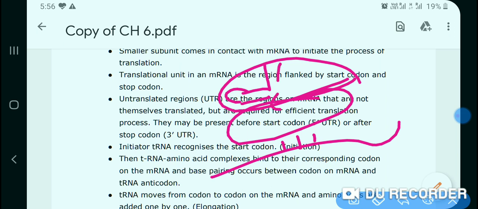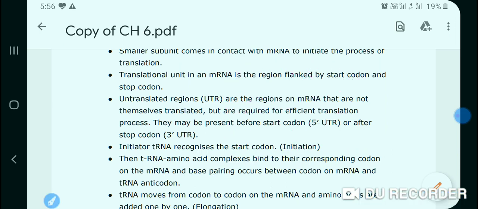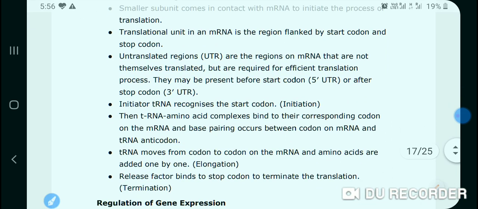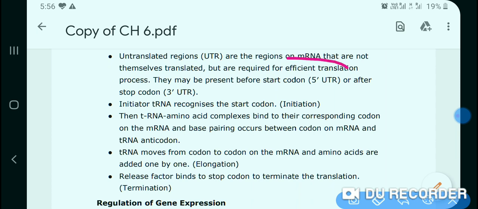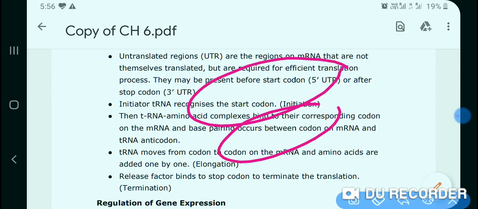This is attached in the larger subunit, and there is a groove between the larger subunit and smaller subunit. Transfer RNA is attached with the larger subunit and messenger RNA is attached with the smaller subunit.